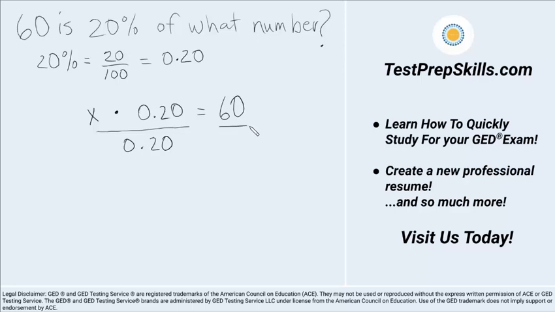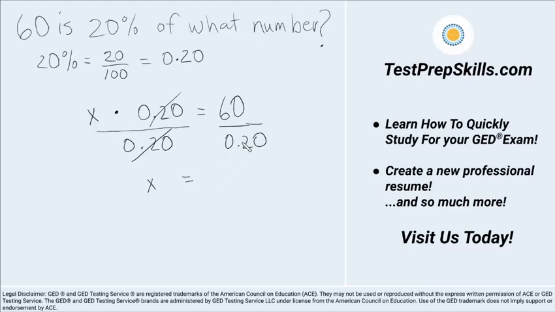I need to divide both sides by the same thing. And then I can isolate this x, right? Because now I've got x times 0.20 divided by 0.20. I can cancel these two out because they're the same. I'm left with just x over there. That's great.